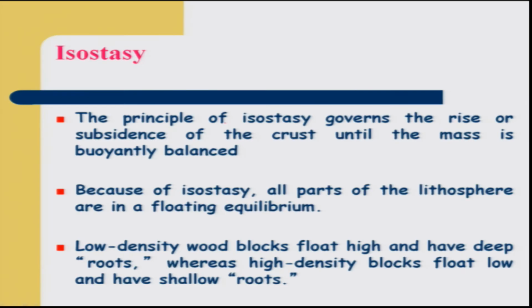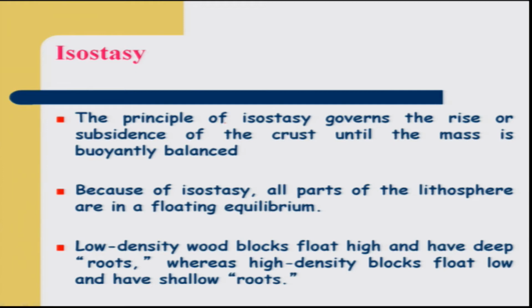Moving ahead, there is another important part before we get into plate tectonics, which is isostasy. The principle of isostasy governs the rise or subsidence of the crust until the mass is buoyantly balanced. Whatever you have below the surface, you may have less on the surface, and that has to be equally balanced.